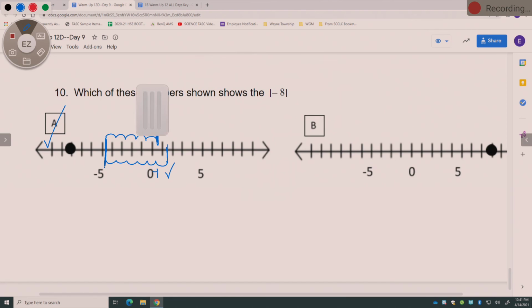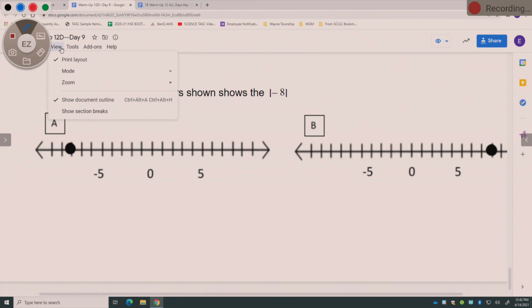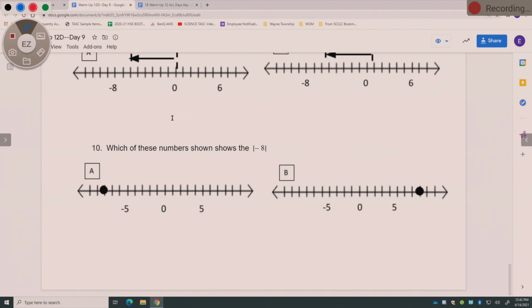Last one. Which of these numbers shows the absolute value of -8? It's a little bit hard to see. So which of these numbers shows the absolute value of -8?